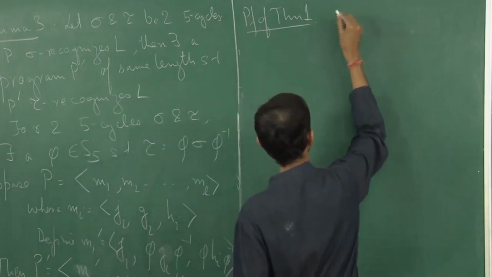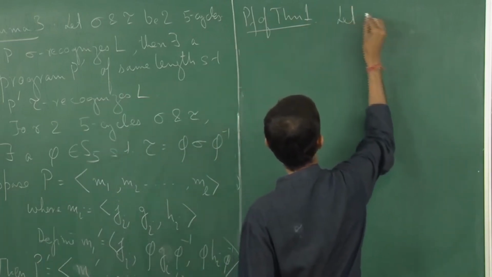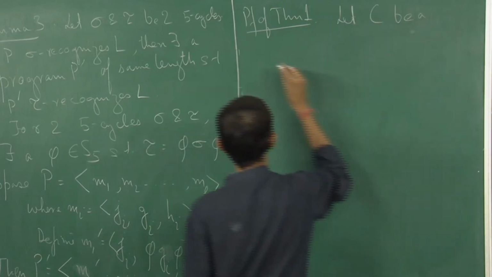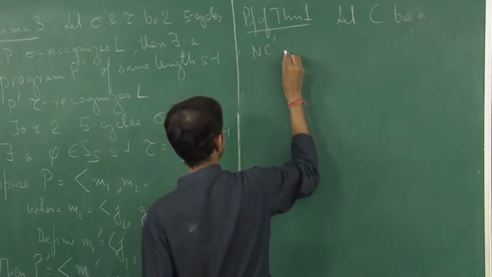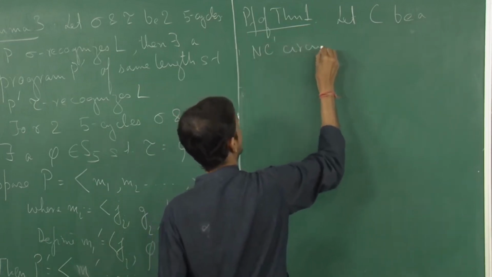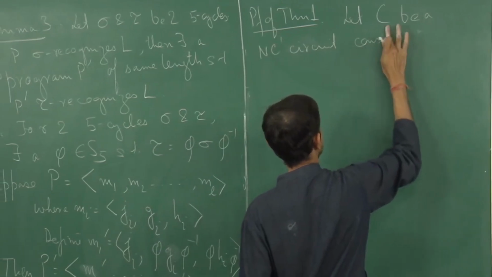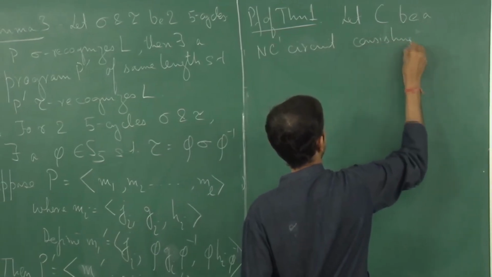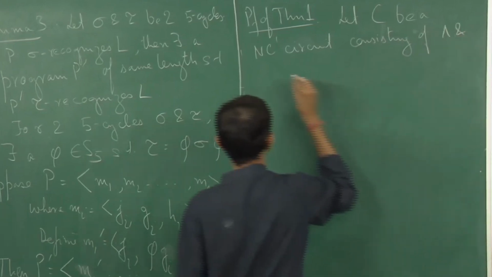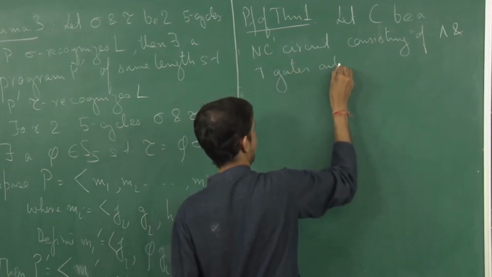Let C be an NC1 circuit consisting of AND and NOT gates only.